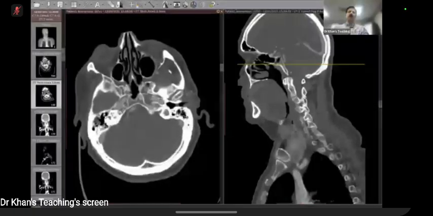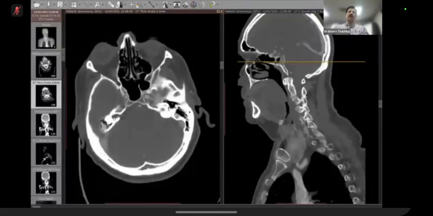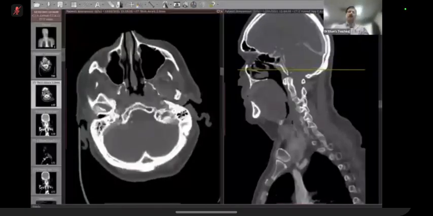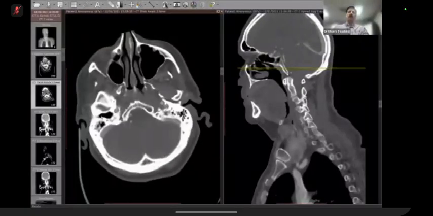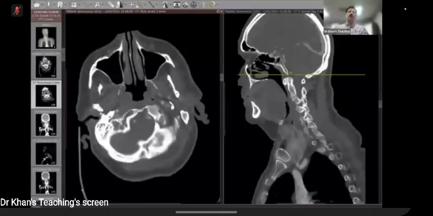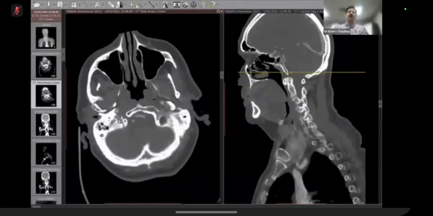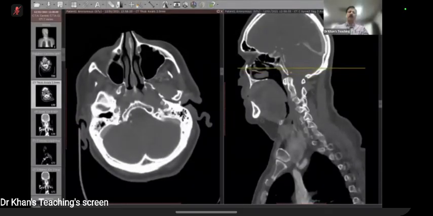If you see here, you can see that this is the head of the malleus and incus, and this is the internal auditory canal. So I am going inferiorly, and now you don't see it. And then you see the jugular foramen. Key point to remember that it makes the floor, but as a normal variant, at times it can be what we call high riding jugular foramen.